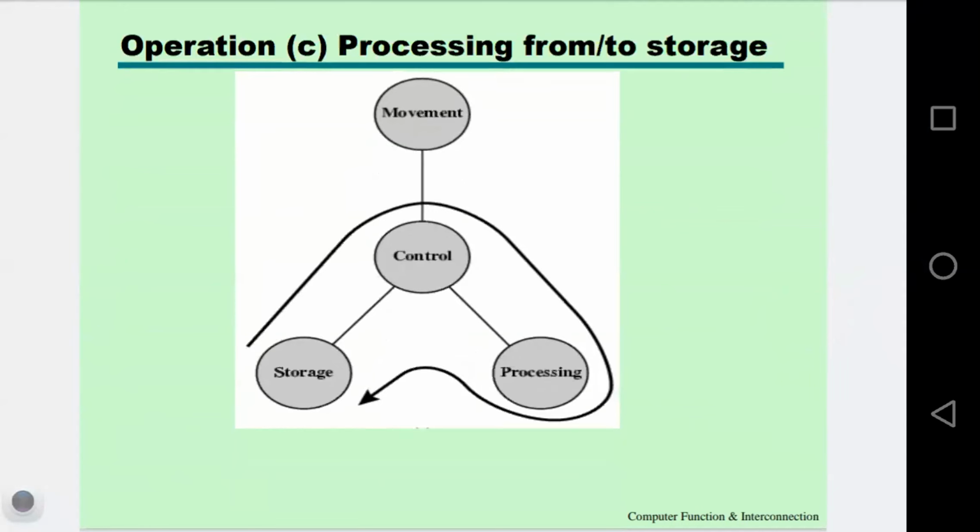The third one is processing. In processing, how does the processor get the data? For example, if you want to zip or compress data, you use Zip or WinRAR to compress the data.